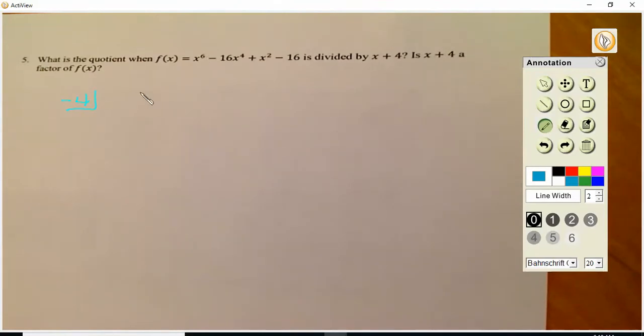And our coefficients will be, good. Don't forget those zeros. So 1 comes down. 1 times -4 is -4. And add. You guys all remember synthetic division, right? Yeah. We've been doing that a lot.